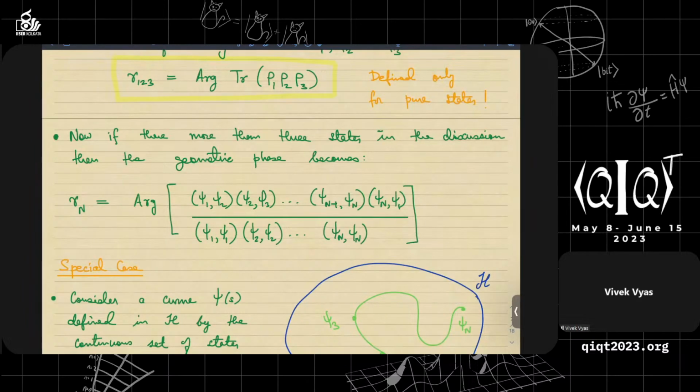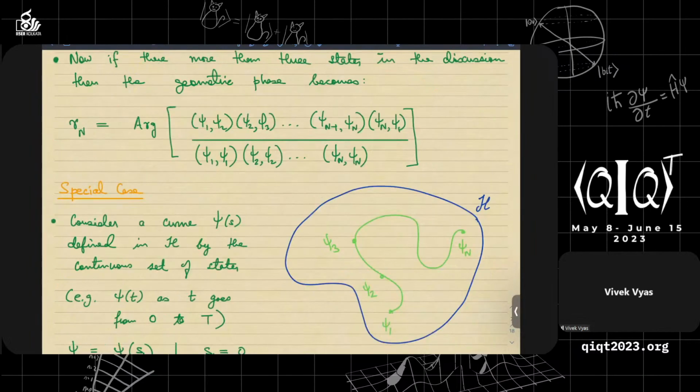Now, suppose instead of 3 states, you have n states. In your Hilbert space, you have psi1, psi2, psi3, up to n states. Then you can also ask the same question: are they mutually in phase with one another? In order to find out, you would write a similar generalization of this expression.